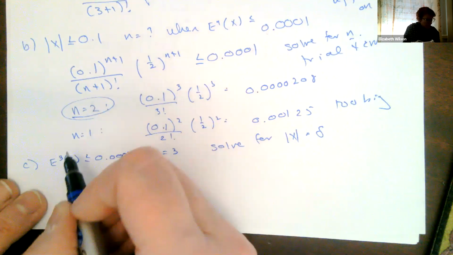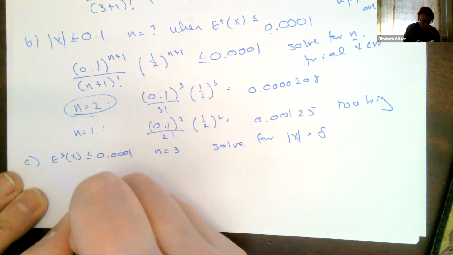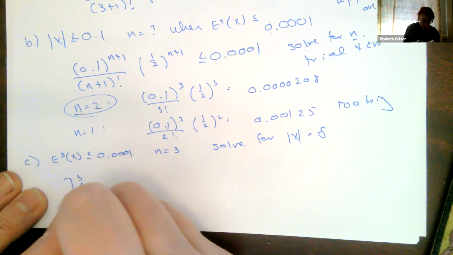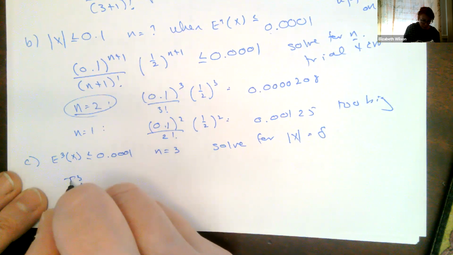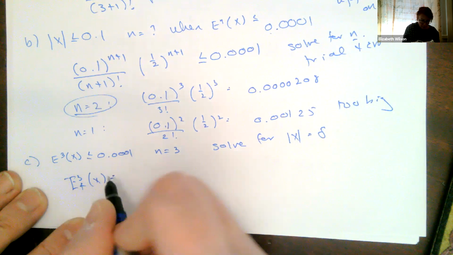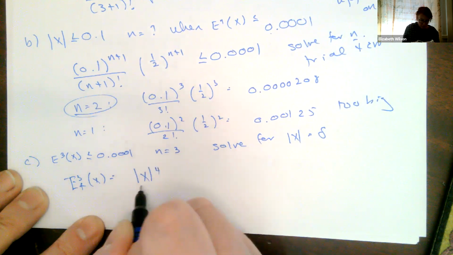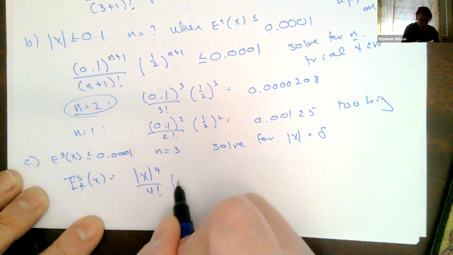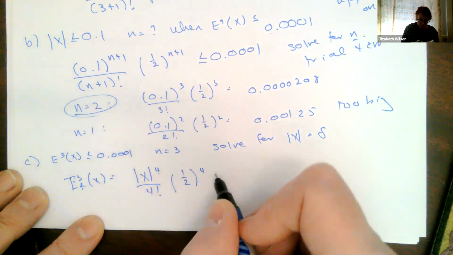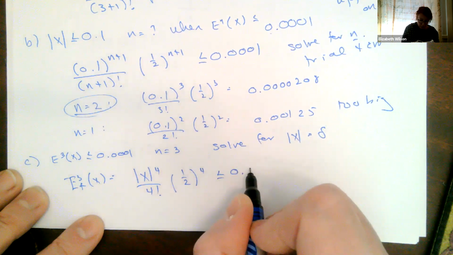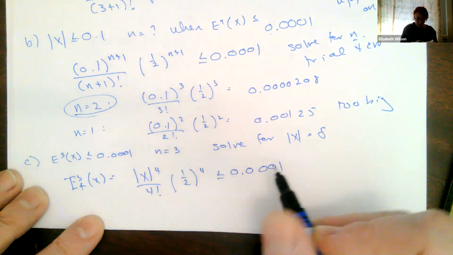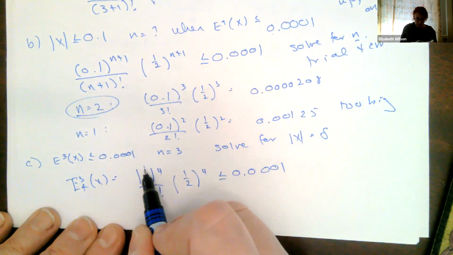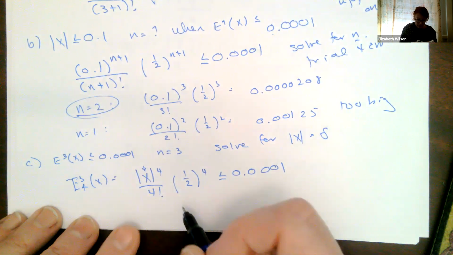So my third order error, whoops, sorry, I should write this as an E. Error is going to be x to the 4th over 4 factorial, times 1/2 to the 4, and I want this to be less than or equal to 0.0001. They gave me this. So I'm going to solve for x. This is my delta. When I solve for x, I multiply everything.